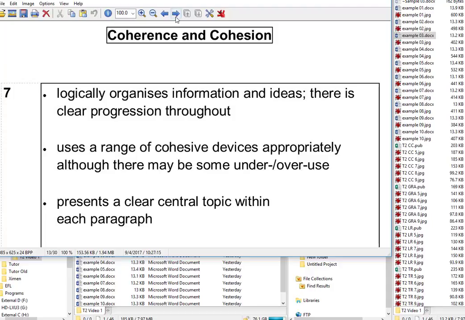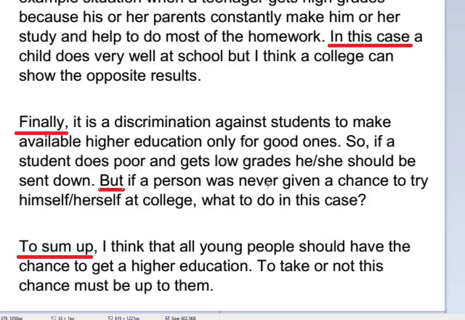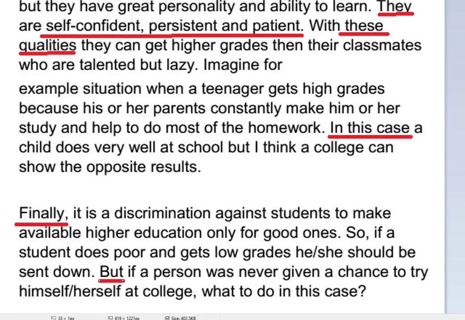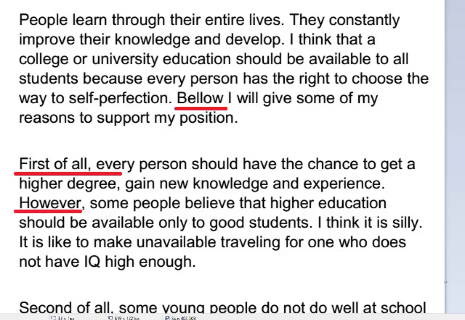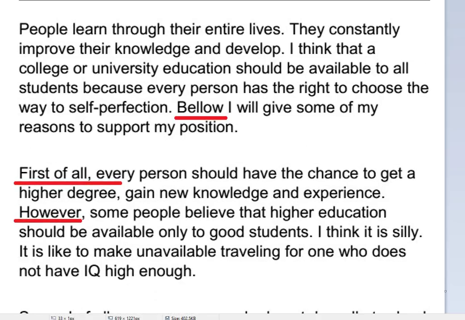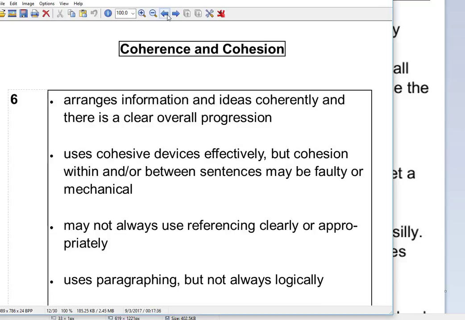Let's see if I can put a 7. Uses a range of cohesive devices. Well, a range. The range is not that wide. So 7 is probably a little bit high. 6 is probably where it's at.